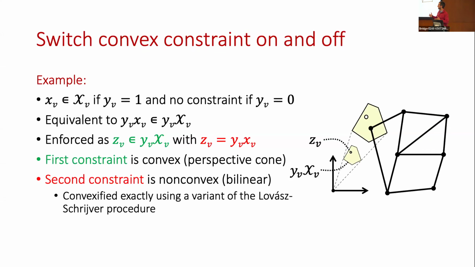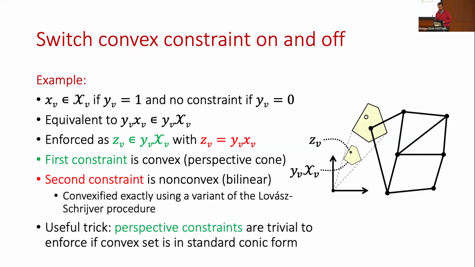For these kinds of constraints, we have developed essentially a variant of, some of you may know, the Lovász-Schrijver procedure for 0-1 problems. We have worked out a variant of that which just uses convexity and not a polyhedral structure.